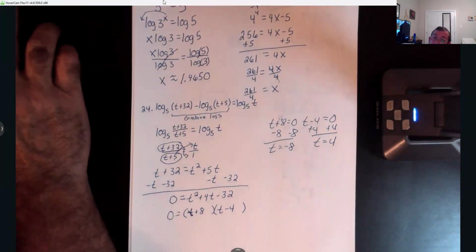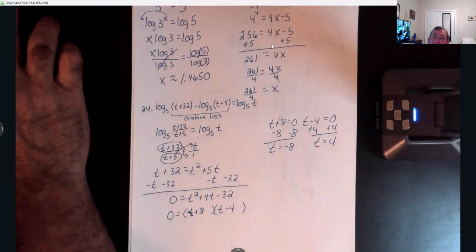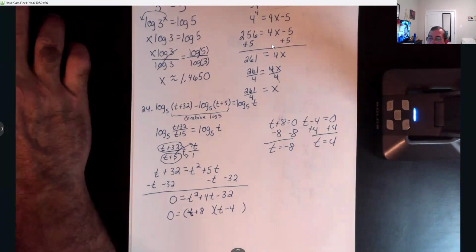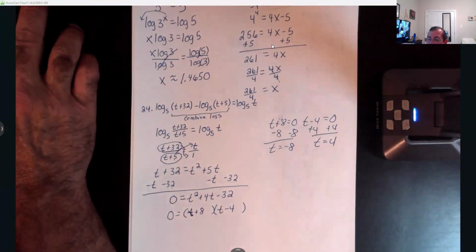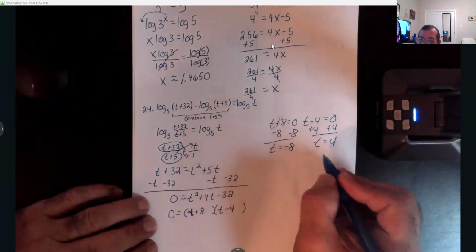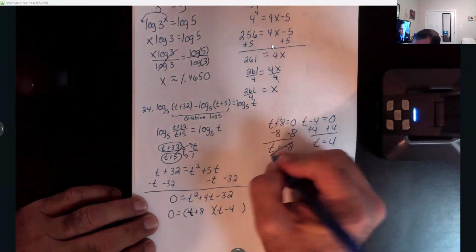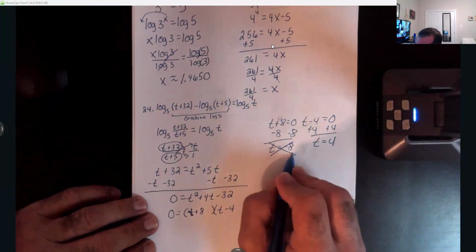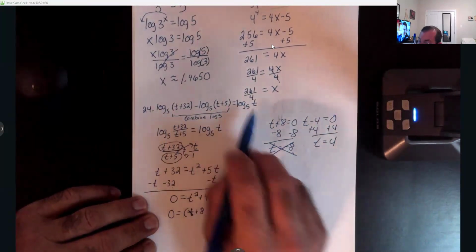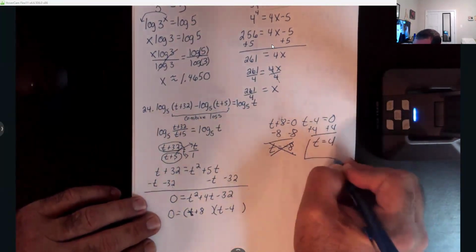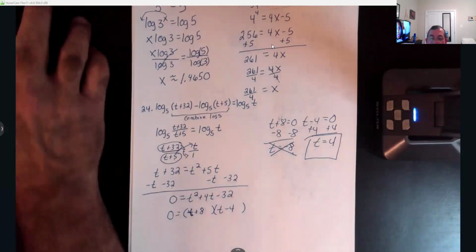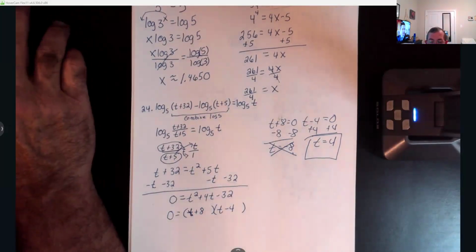So what are we putting in Math Lab though? And 4 is the only one we can take, right? Because remember that -8, we can't count negative answers when you're dealing with logs. So the only answer is t equals 4 for that one, okay?